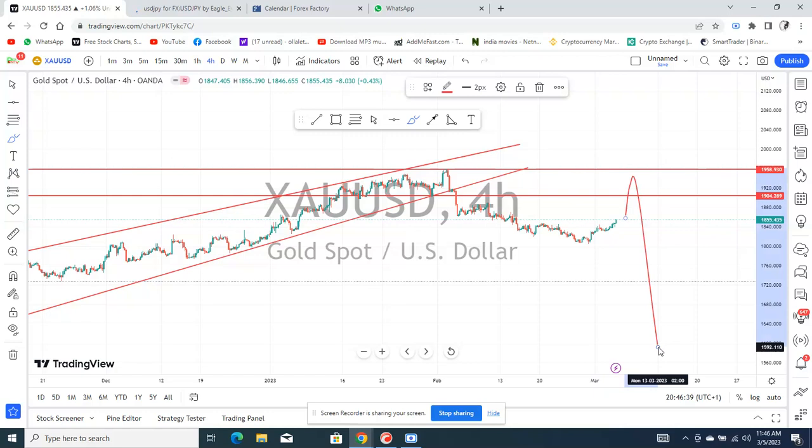Now let's check US30. A few people asked me to do the analysis for US30, so let me do US30 before I go back to Bitcoin.